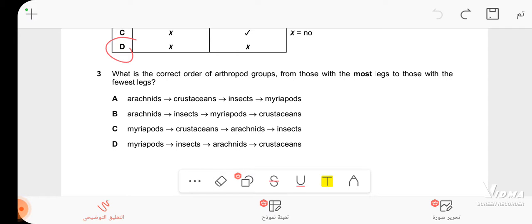Question 3: what is the correct order of arthropod groups from those with the most legs to those with the fewest legs?